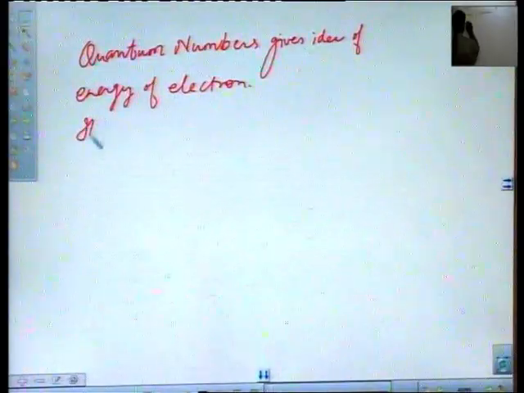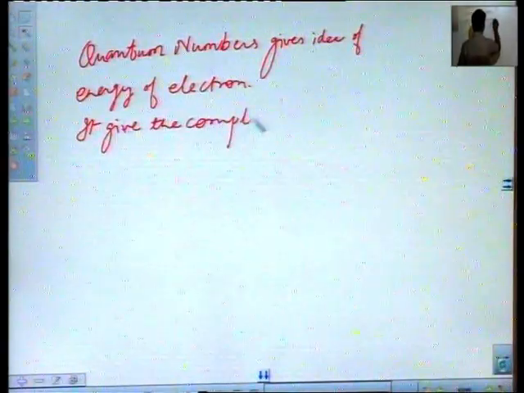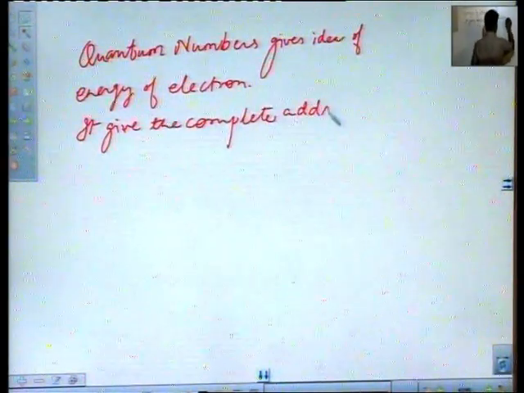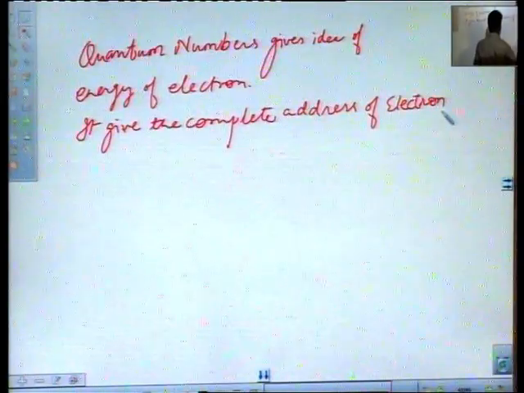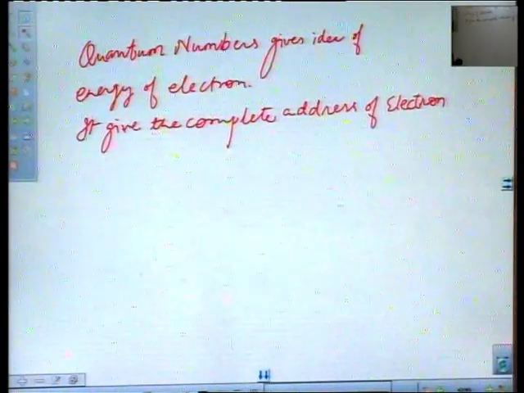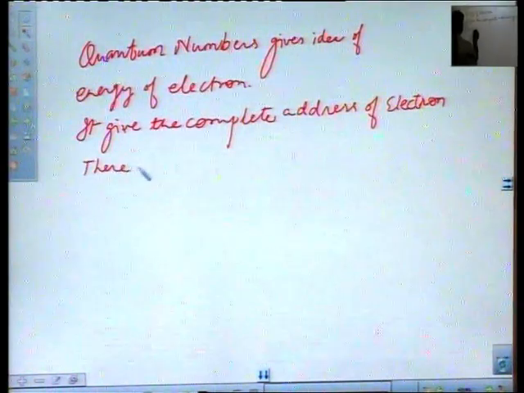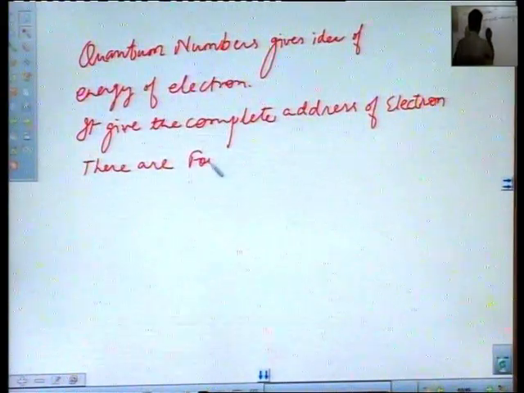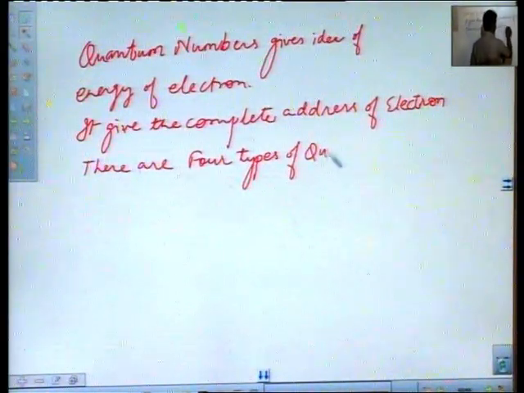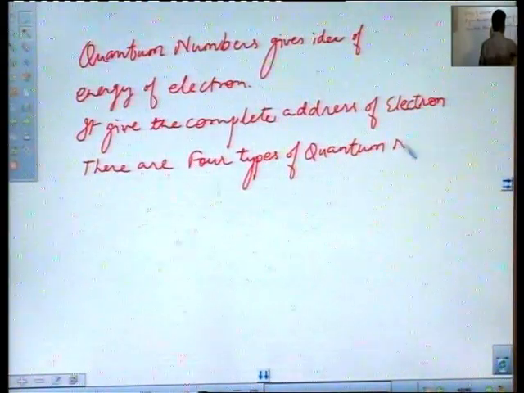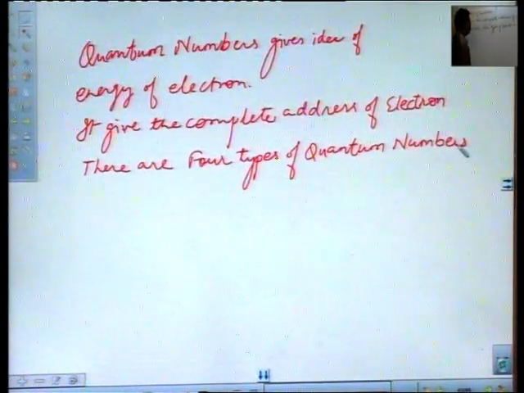Quantum numbers give the complete address of the electron. There are 4 types of quantum numbers.